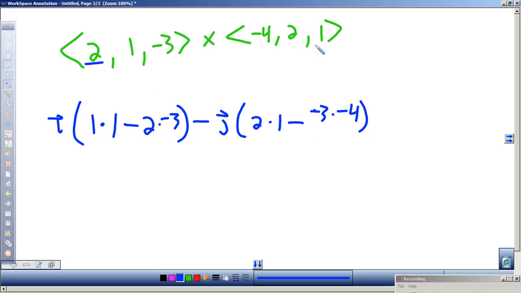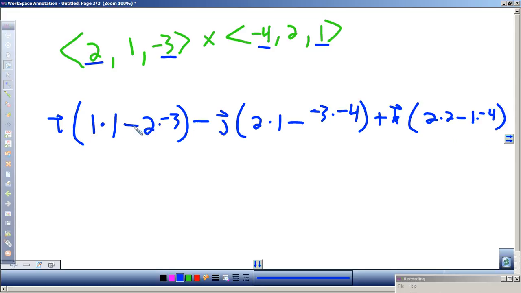So we did the first and the z, and then the x and the z. Plus k times 2 times 2 minus 1 times negative 4.